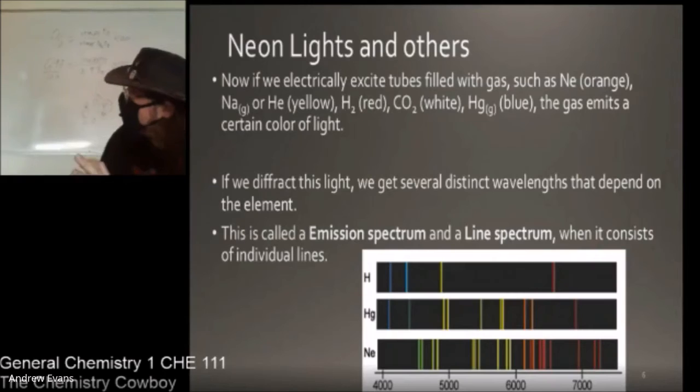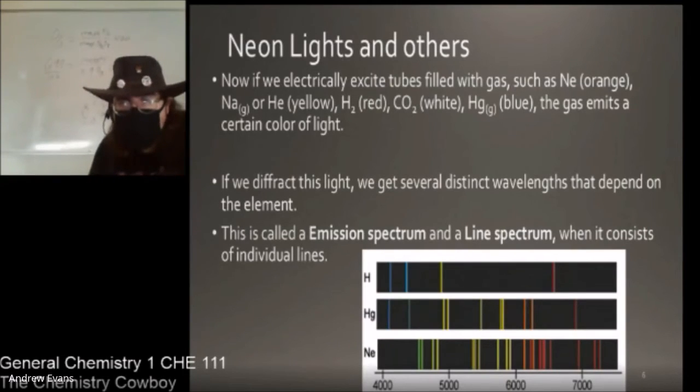If we electrically excite tubes filled with gases, we will get various colors depending on what the gas is. Just like the cathode ray tube, where it was mostly a vacuum and we got the electrons to pass through and we had a current, now if we have just one gas and we do the same thing, we electrically excite it, the gas will start to glow.